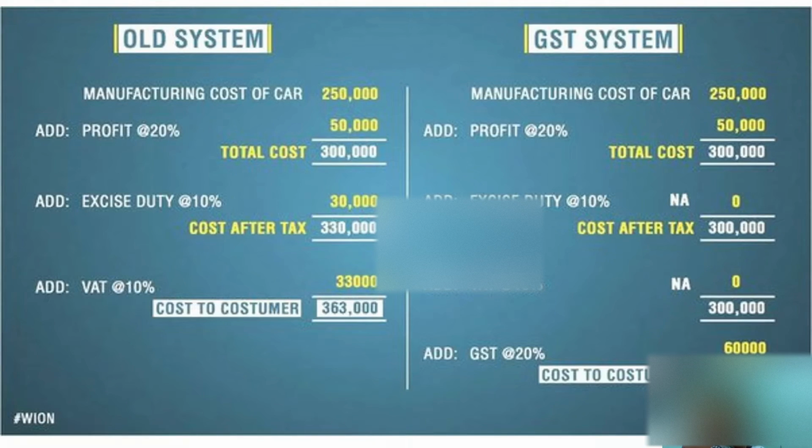I'm liable to pay that to the government. But I've already paid 5,000 rupees on my inward supplies. So I'll deduct that 5,000 rupees from this 10,000 rupees and pay only the remaining 5,000 rupees as GST. That's the option that we have under the GST system, and that is called input tax credit. Hope you understood this concept.